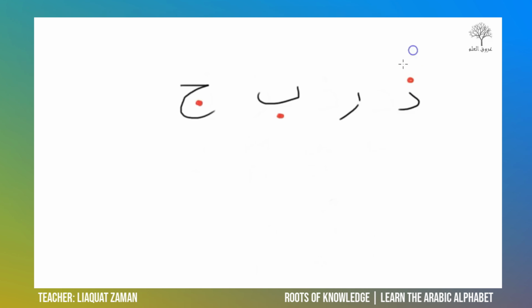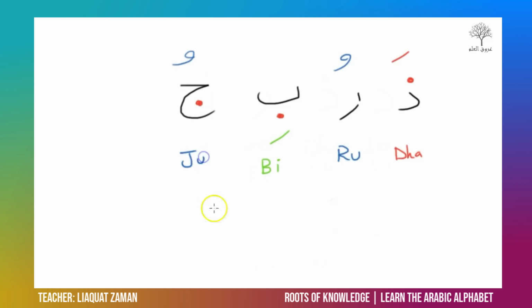So this would be tha, this would be ru, this would be bi, and this would be ju. Tha, ru, bi, ju.